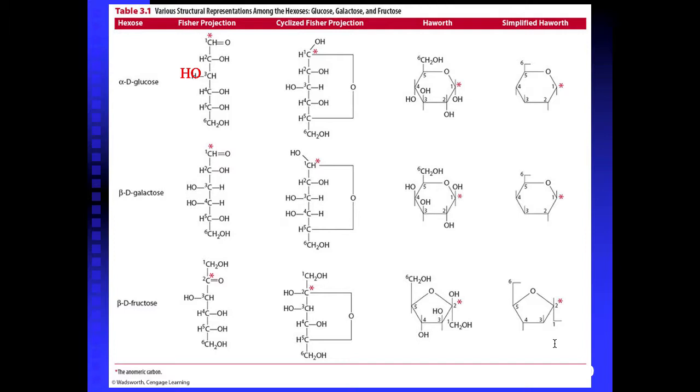It's where there's a double bond. That's what determines the carbonyl group. So you can say this is the carbonyl carbon. When it turns cyclic, we tend to refer to it as the anomeric carbon. They're essentially the same. It's the same carbon, just different structures. Remember all this? Okay.